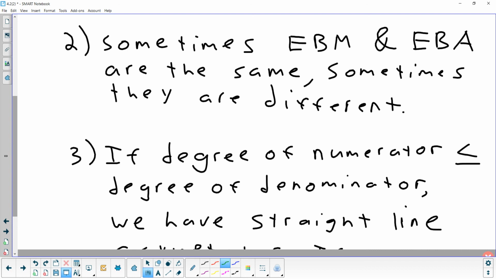So in the kind of problems we did yesterday, the degree of the numerator was always less than or equal to the degree of the denominator. That means we always had straight line asymptotes, either verticals or horizontals. The horizontal could have been at 0, or up at a number. But those were the only 2 cases.